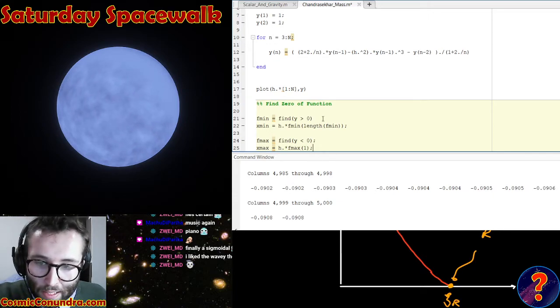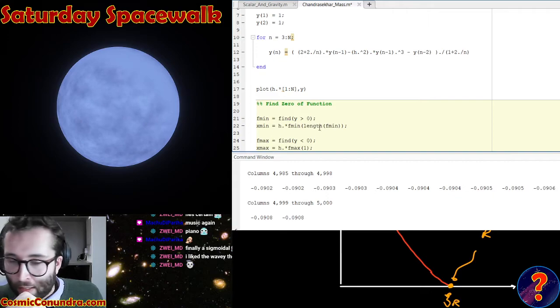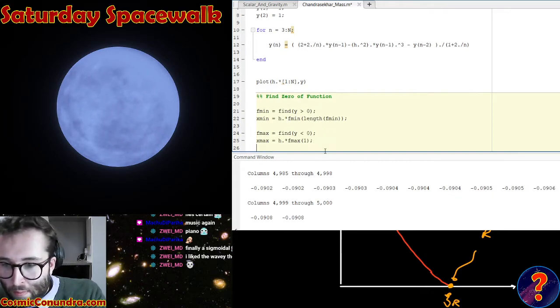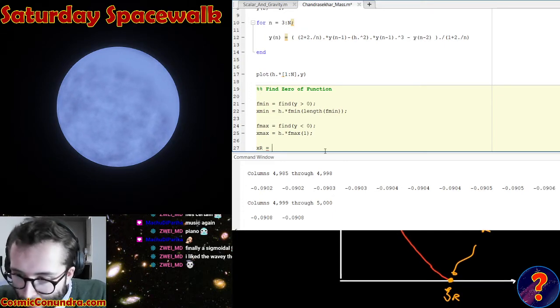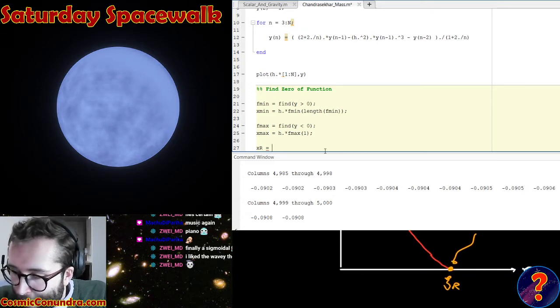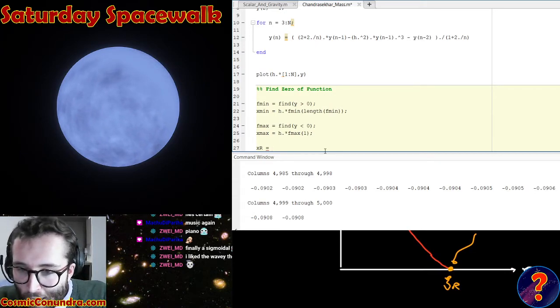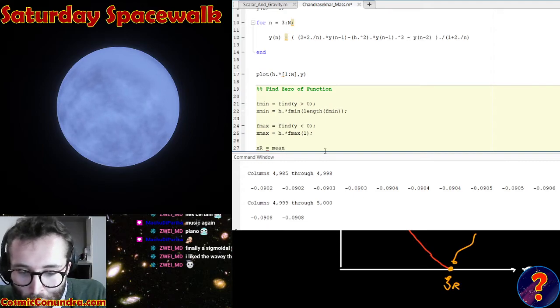And I'm going to comment these things because they'll spit out a lot of numbers when I do it. And then I'm going to define xr, which, remember, because I'm now denoting psi that appeared in our equations as x, you can think of as psi r, will be the mean of these two things.